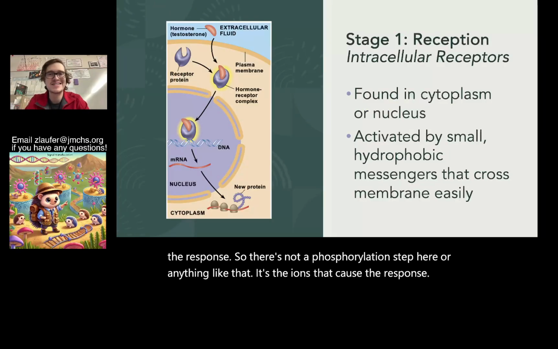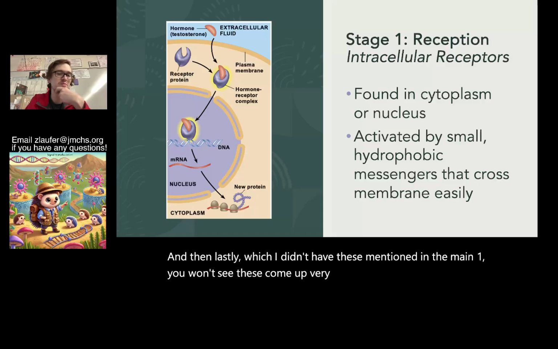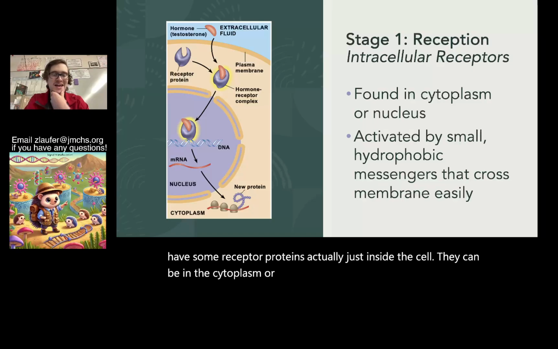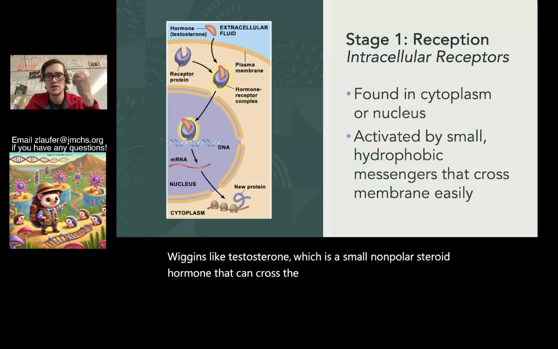And then lastly, which I didn't have mentioned in the main one, you won't see these come up very often, but they are there. We do have some receptor proteins actually just inside the cell. They can be in the cytoplasm or the nucleus. And they are activated by ligands like testosterone, which is a small nonpolar steroid hormone that can cross the membrane on its own.